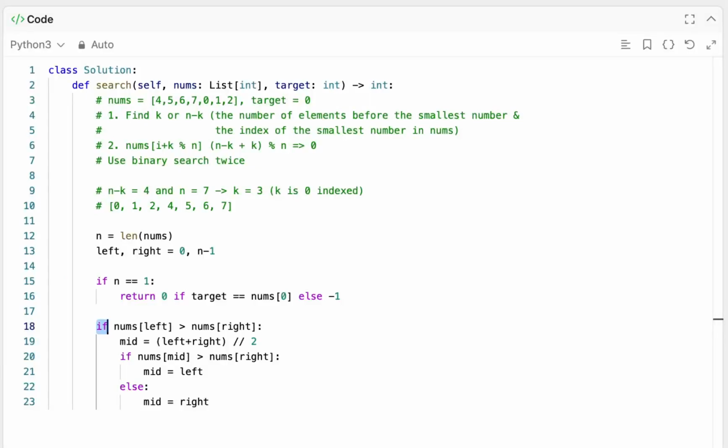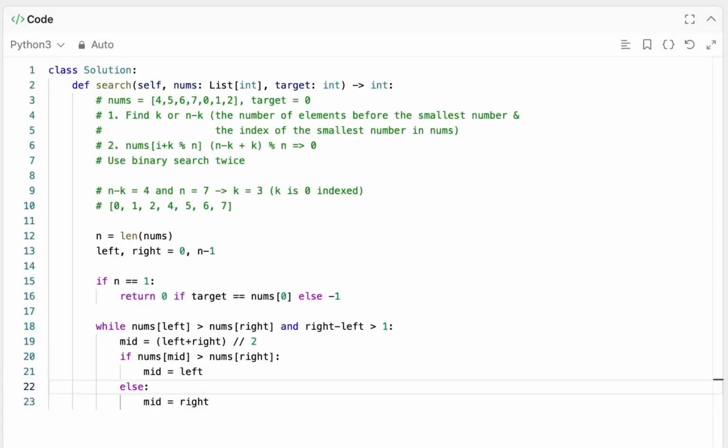And we do this while right minus left is strictly superior to 1, which means that there is at least one element in between, because we do not want to divide it the last time.